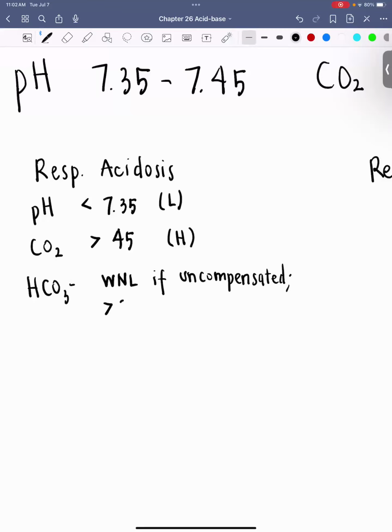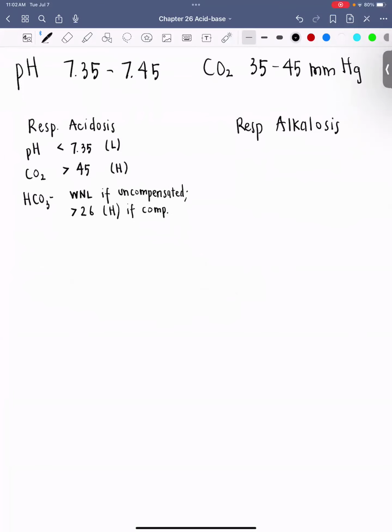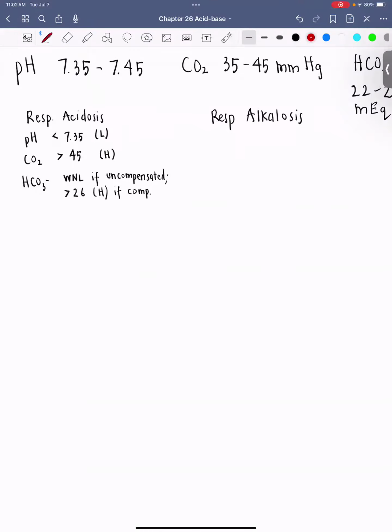It will be high, greater than 26, if the kidneys are compensating. So the kidneys compensate for respiratory acid-base imbalances by reabsorbing or secreting bicarbonate to neutralize the pH or normalize it. So in respiratory acidosis, the CO2 is the cause of the imbalance and the bicarbonate is compensating.